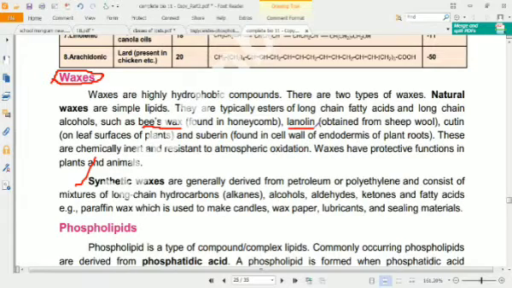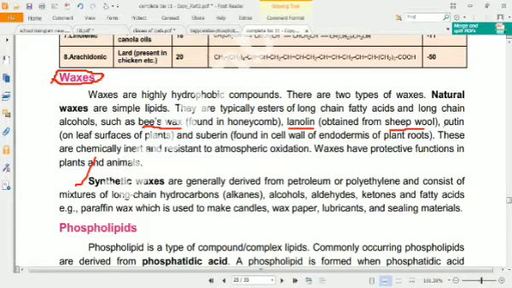Lanolin is obtained from sheep wool. It is secreted by the sebaceous or skin glands which are present under the wool in the skin of a sheep.